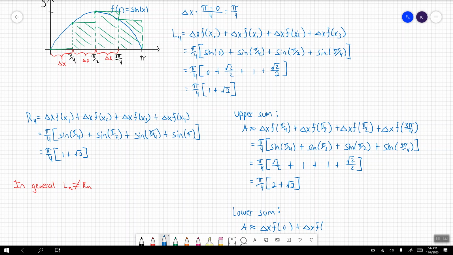Delta x, so for the next interval from pi fourths to pi halves, we want the lowest height, and that's going to happen at pi fourths. Plus delta x, going to the third interval from pi halves to 3 pi fourths, the lowest value happens at 3 pi fourths. So that's where we evaluate the function. And then lastly, on the last interval from 3 pi fourths to pi, the lowest height occurs at pi.